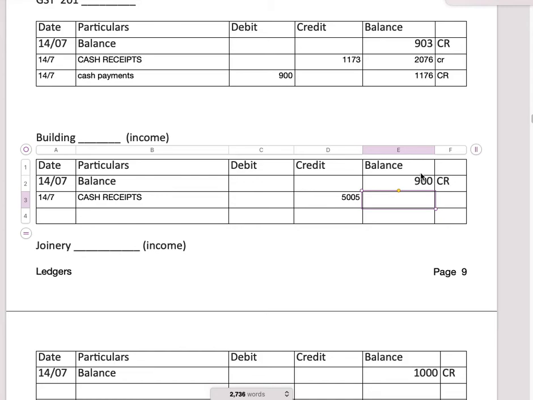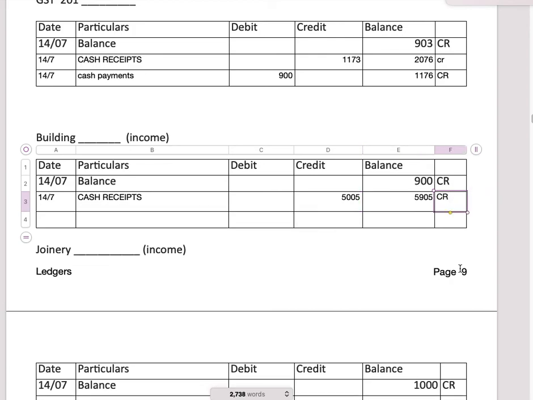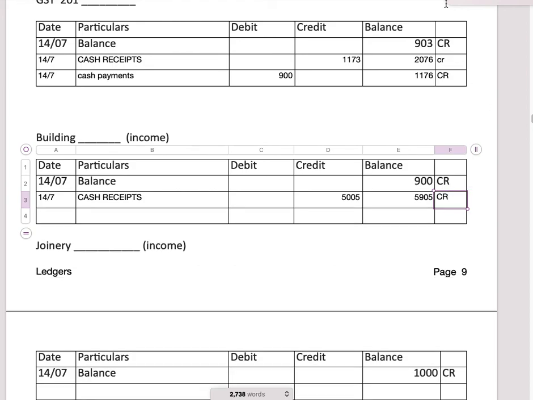So we've got $900 there already from building work, and he's got 5005, which means we've got 5,905. Probably didn't need the calculator for that. 5905. And because that's an income account, it'll still have a credit balance. Okay, I hope that helped. Thanks for listening.